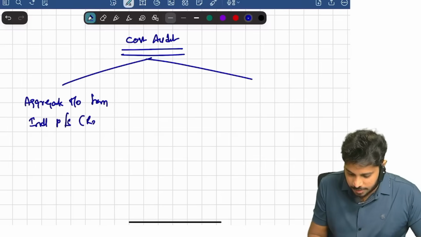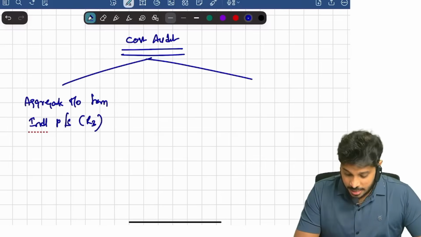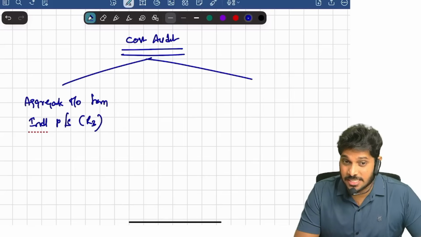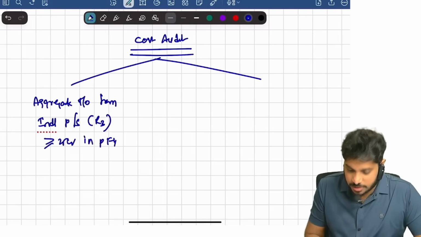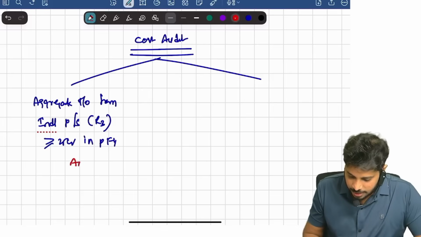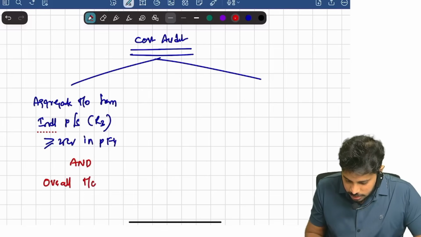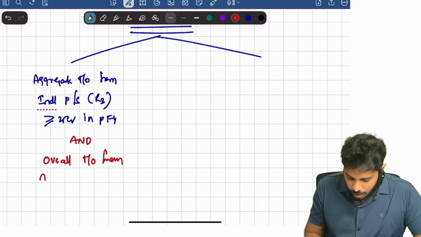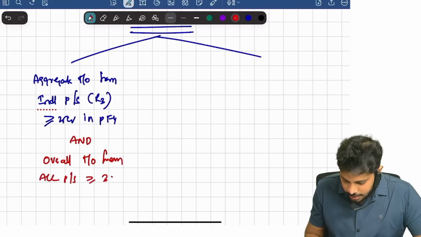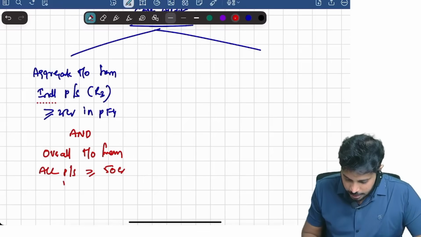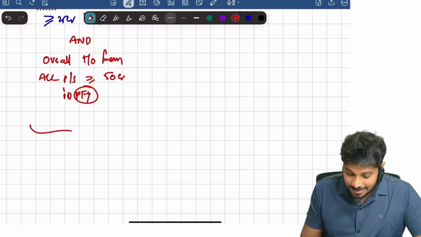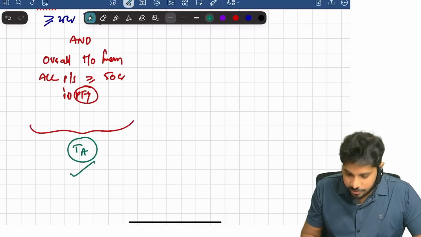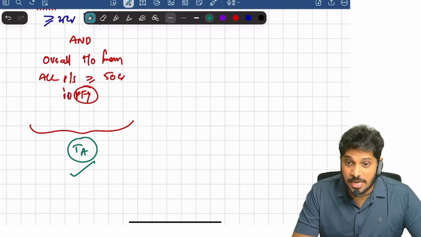Aggregate turnover from individual products and services covered under rule number 3, if it is minimum 25 crore in the preceding financial year, and overall turnover from all its products and services is exceeding 50 crore or more in the preceding financial year, then table A products are liable for audit.